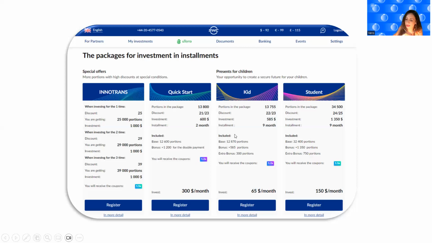And with the package Kid and Student, for example, you can buy these packages for your children, and the title of property will be available for them when they are older, for example, 18 years.